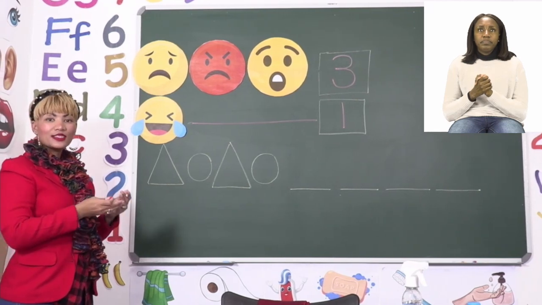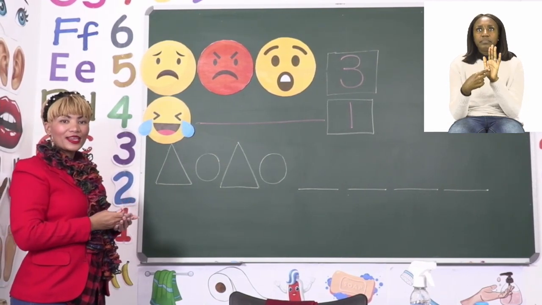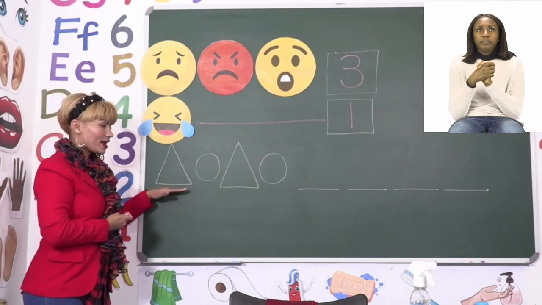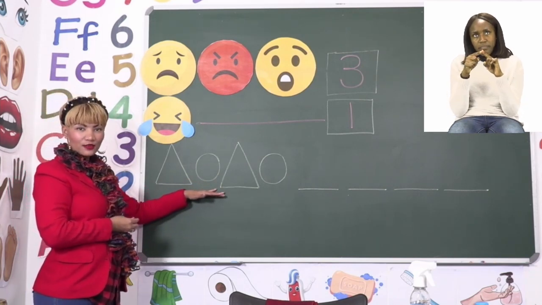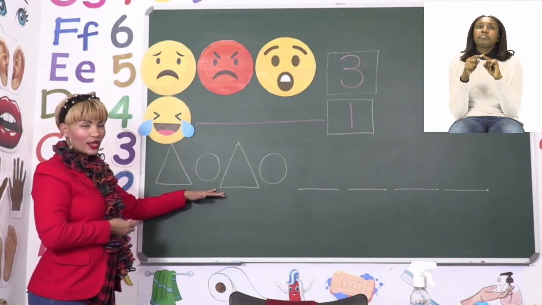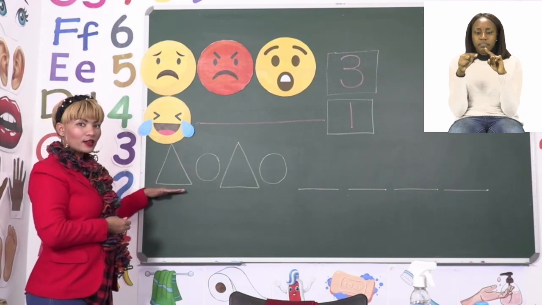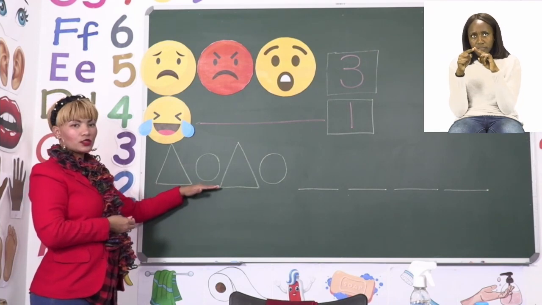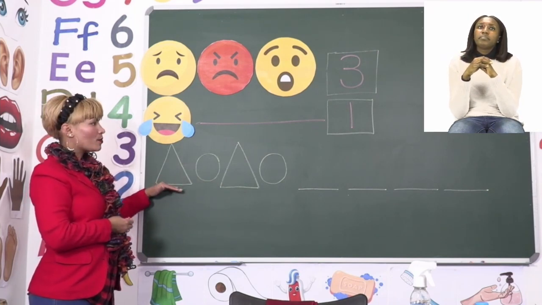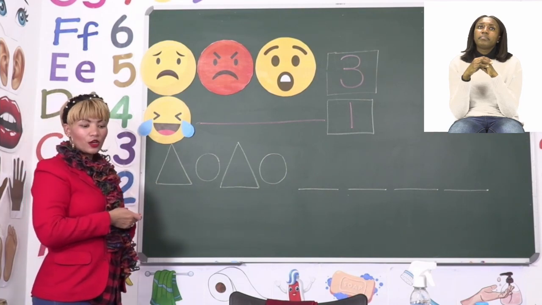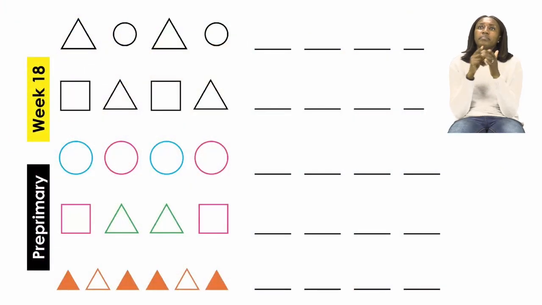Okay, so in this case, we have a pattern with triangles and circles. Let's say it together, triangles and circles. So, if we quickly go back to page 26, boys and girls, you will see in the next example, there are different shapes.